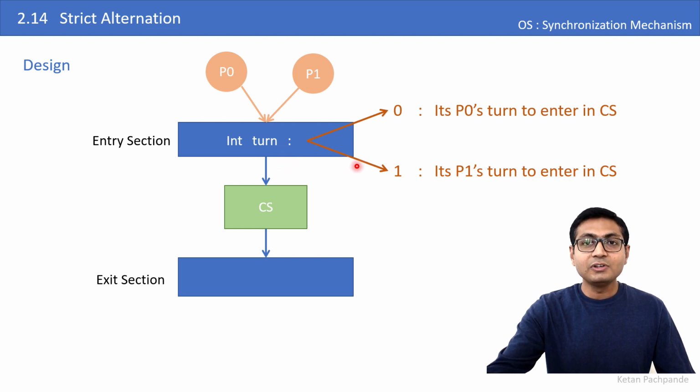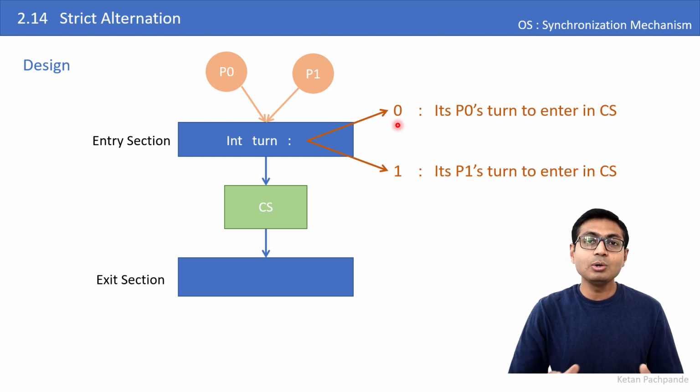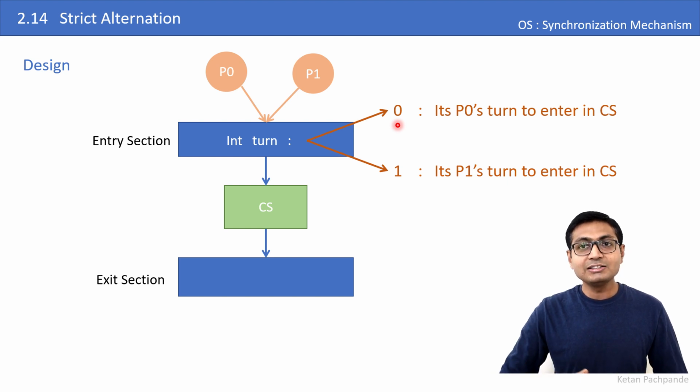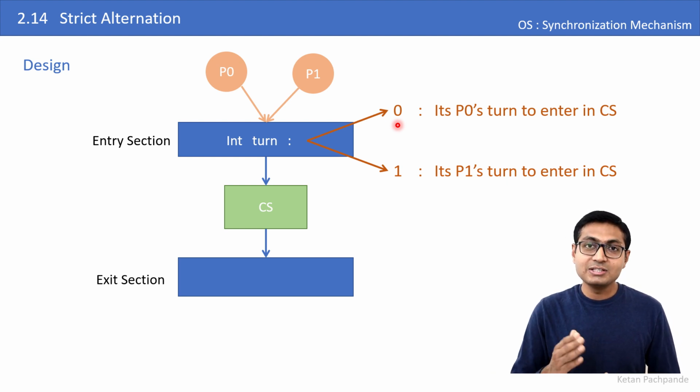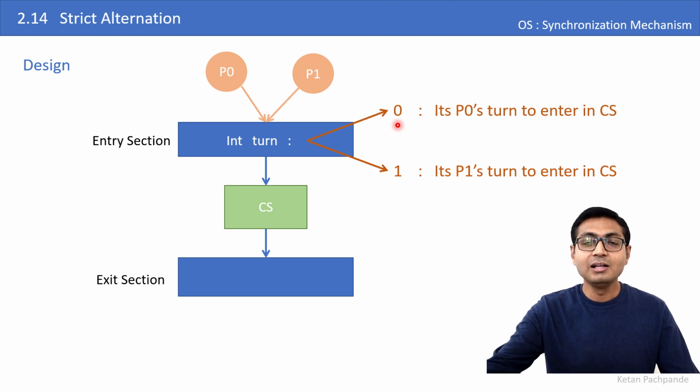Now the current value of turn indicates if it is 0, P0 can enter into the critical section, or if the current value is 1, then only P1 will be able to enter into the critical section. In other words, if the current value is 0, P1 cannot enter into the critical section because it is P0's turn. So that's how we are going to write the logic in the entry section.